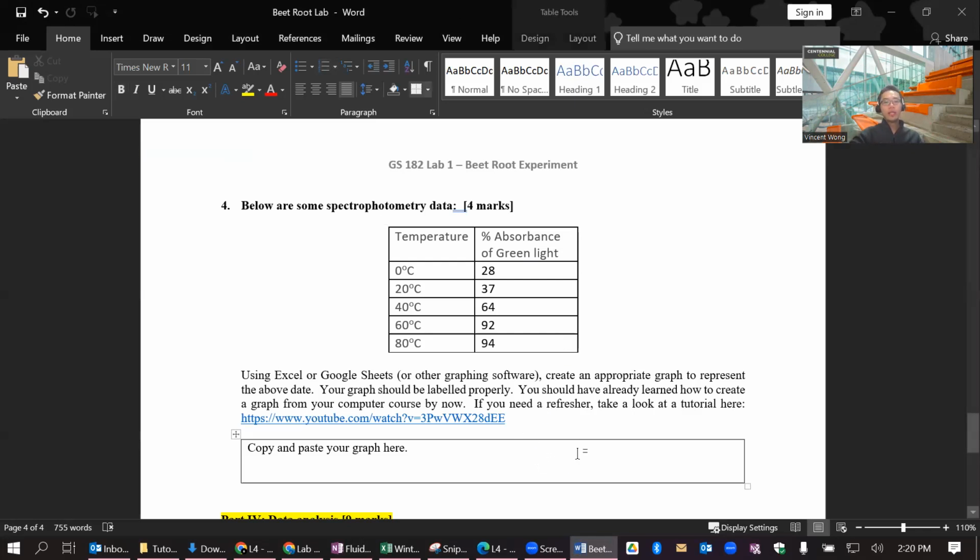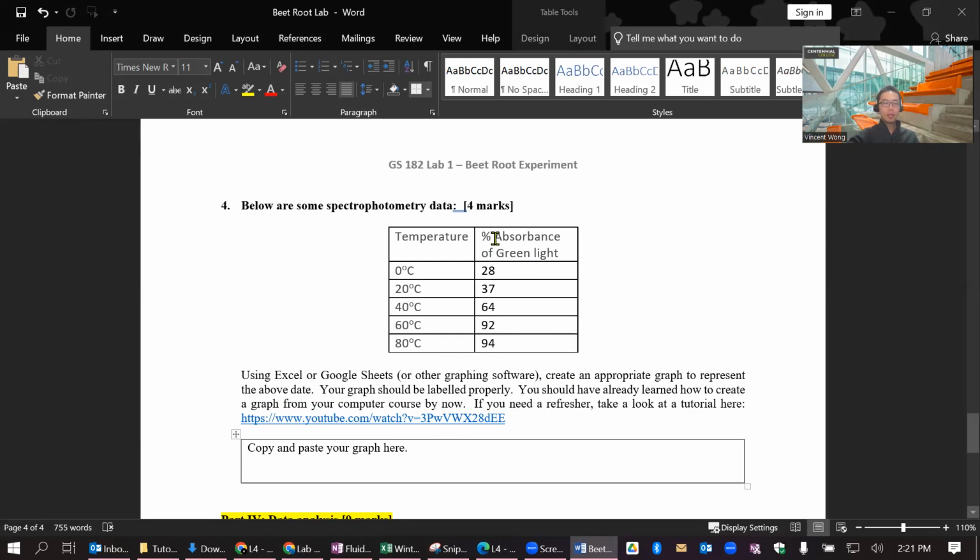All you have to do is create the same graph using these data. If you have Excel or Google Sheets, you can create it easily. I understand that you have learned how to create graphs in your computer class already, so this shouldn't be too difficult. But if you need to refresh your memory, you can watch this YouTube link.